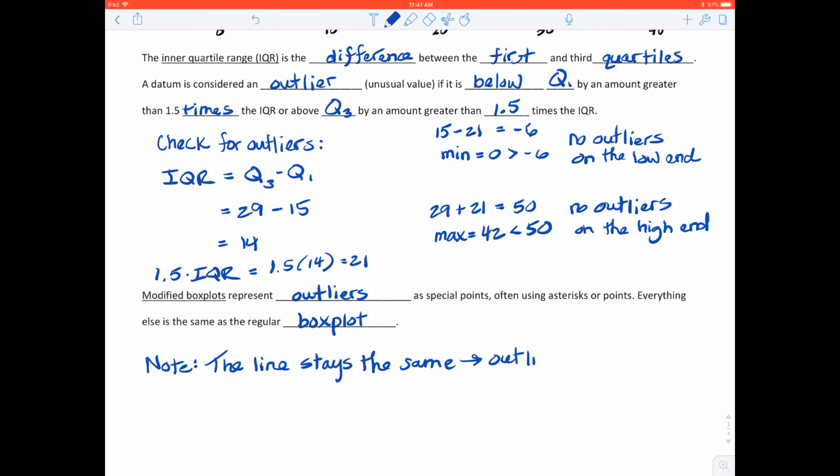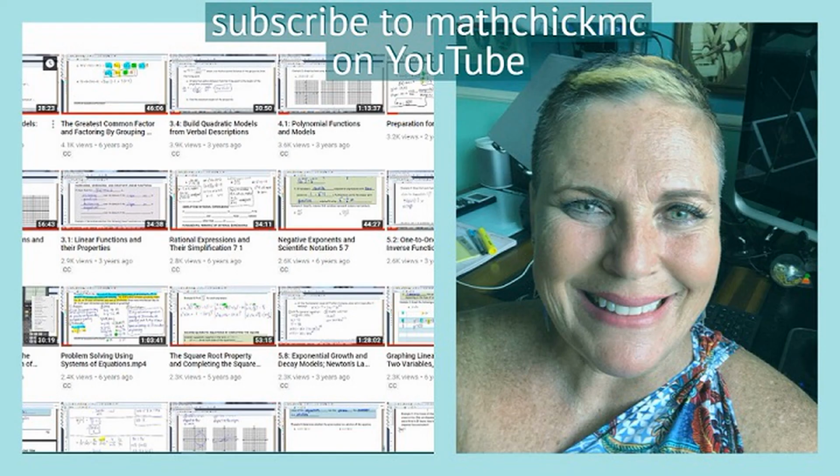Outliers are not part of the line or included in the line or whiskers.